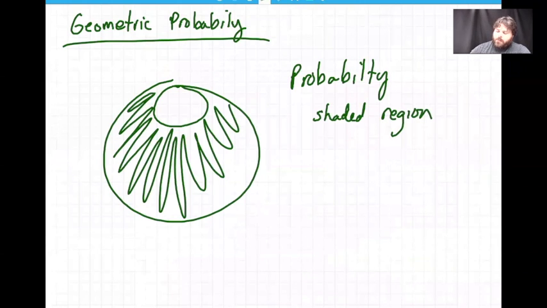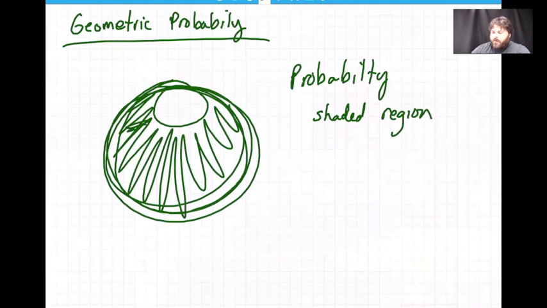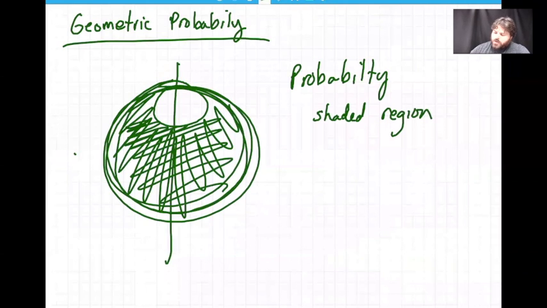Okay, so if I pick a point inside this circle, what's the probability it will come from the shaded region? That's the question.